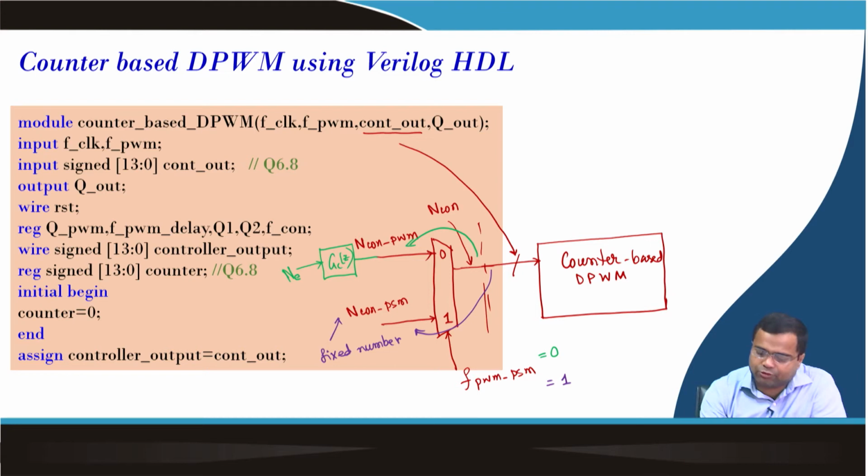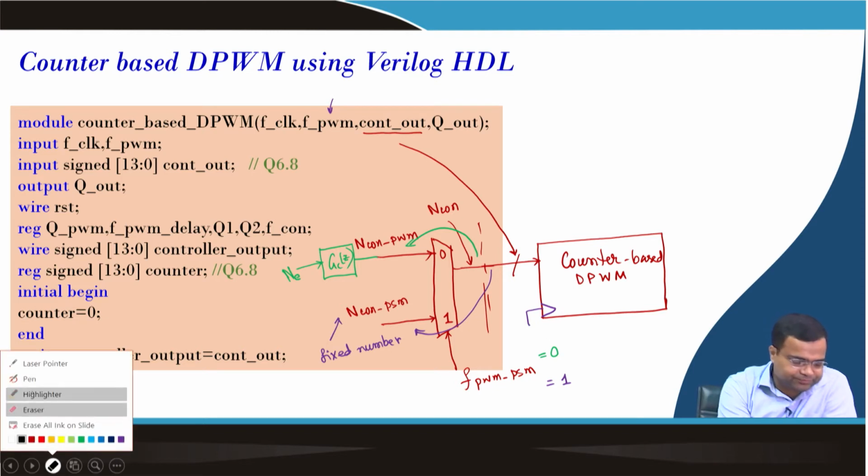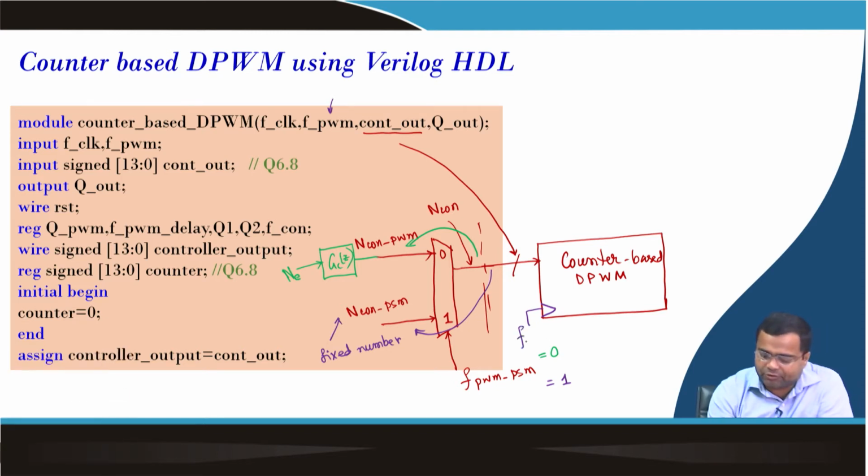Now, this counter also requires incrementing. Sorry, the counter is incremented with the high frequency clock, which is our F clock, that is the high frequency clock. So, this is the clock which is used.